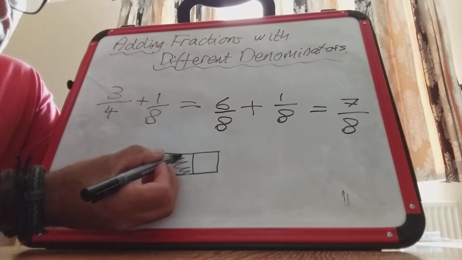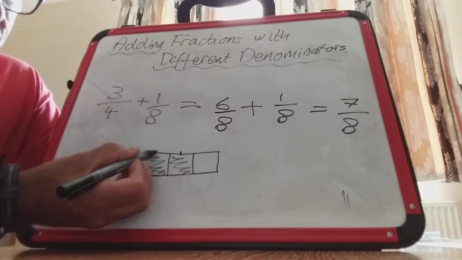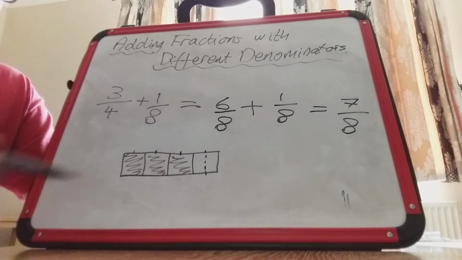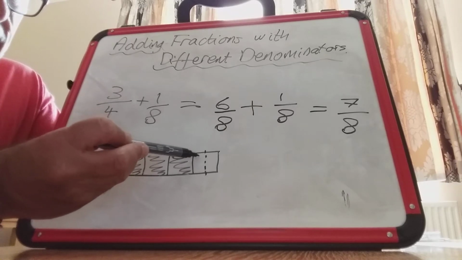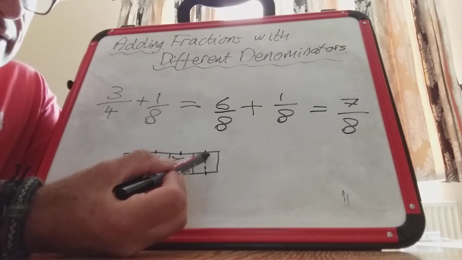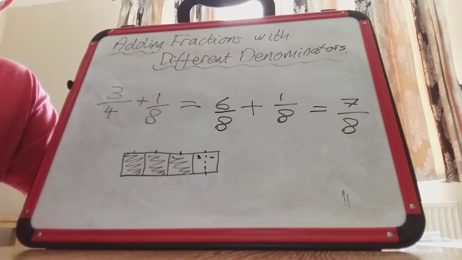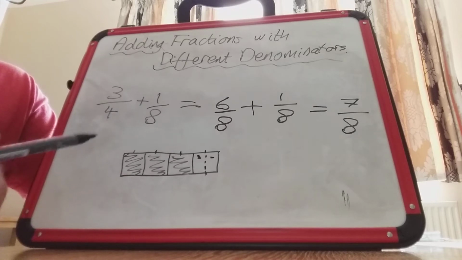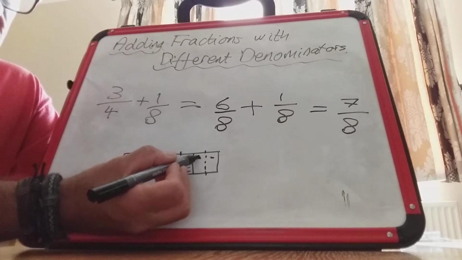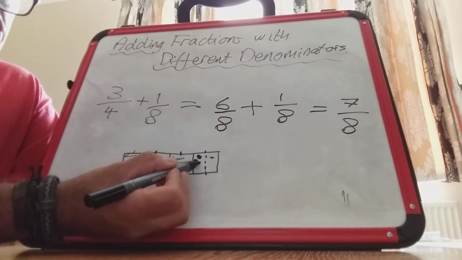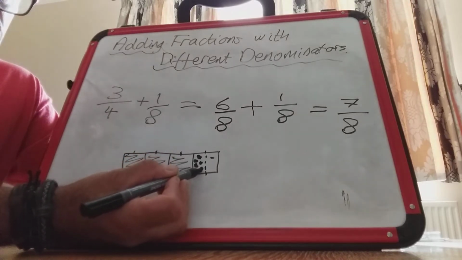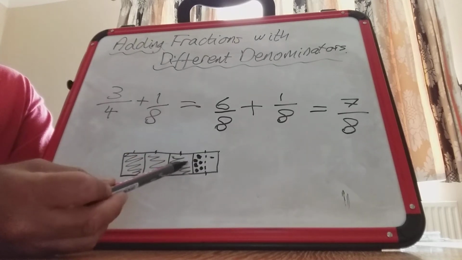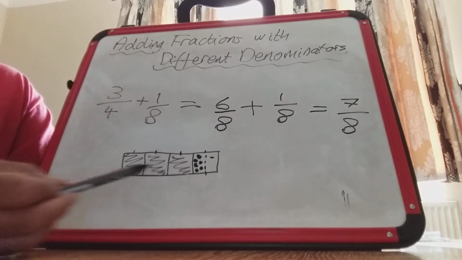But by now you should know that if you just chop these in half, that is 1/8, that bit, can you see that? Yes, and this bit is 1/8 as well. So there's 3/4, and I will add 1/8, and I'll just use dots rather than squiggles so that it's easy to differentiate. So 3/4 is the squiggles, 1/8 is the dots.